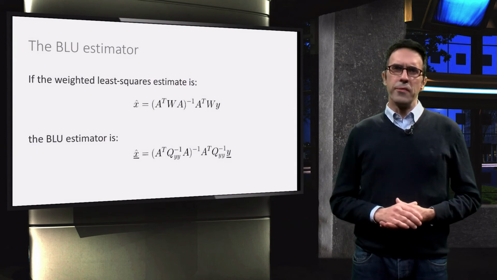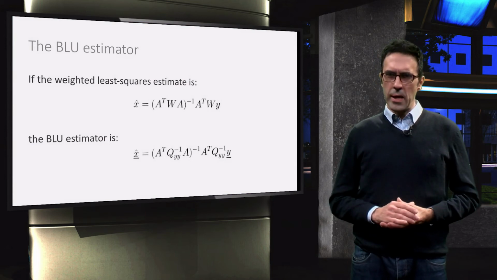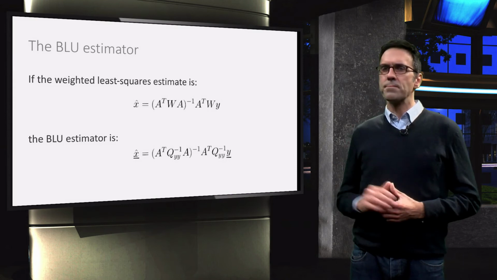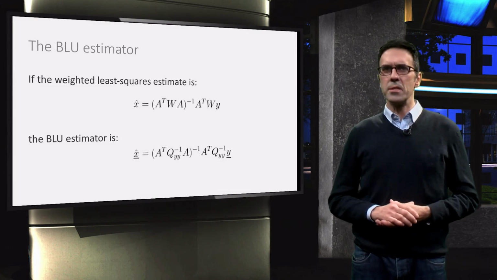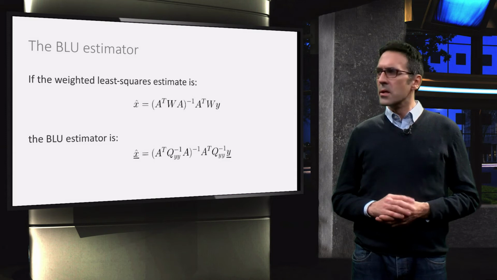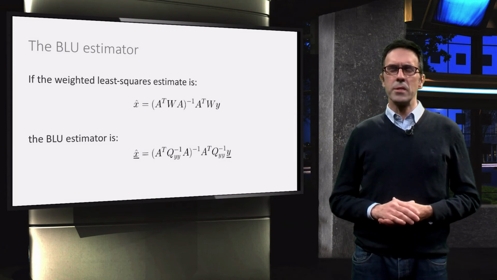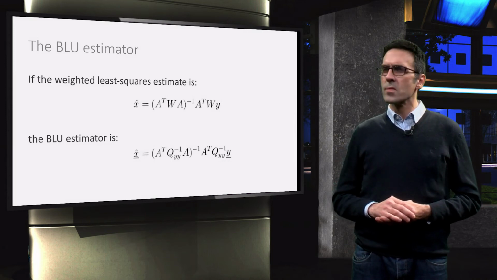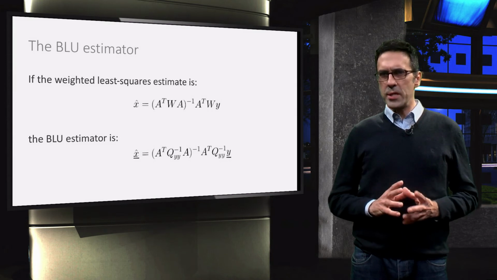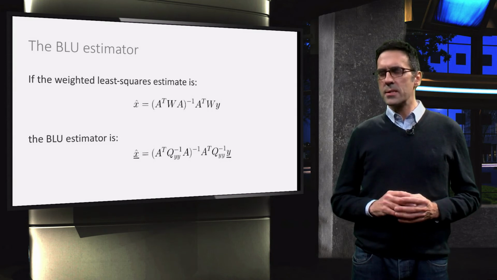Here you see the final appearance of the best linear unbiased estimator x hat at the bottom, in comparison to the weighted least squares estimate at the top. Do you see the similarity and the differences? The form of the equation is identical, but there are two differences.